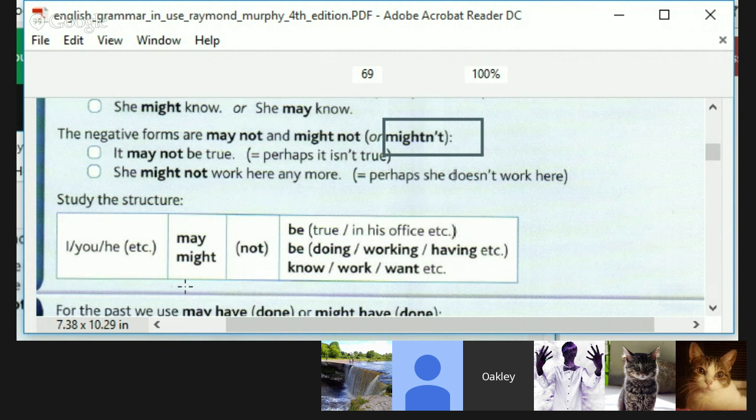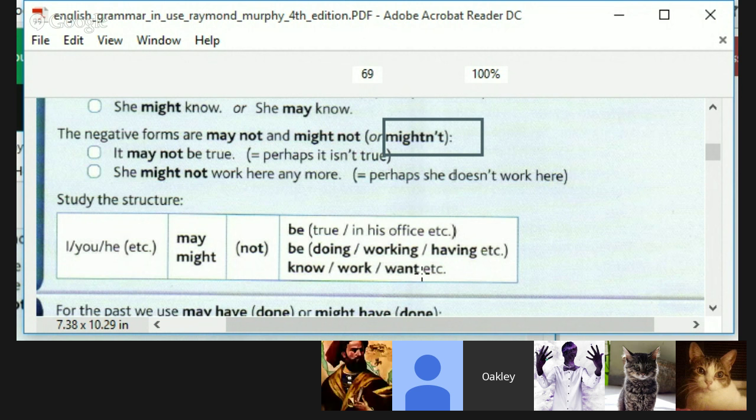The structure's pretty straightforward: the subject noun, may or might, not or not, depending if you're going to be negative. And then notice we often use be something, be then a gerund, might be coming, or just an infinitive form of a verb.